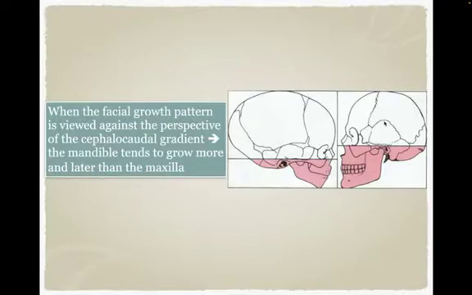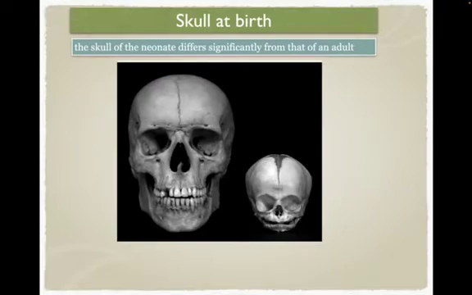And if we look closer at the maxilla and mandible, we know that the mandible, as we go in life, will grow more than the maxilla. That's what we call the cephalocaudal pattern of growth. So during development and growth, we can expect that the mandible will grow more than the maxilla, which will grow more than the cranial vault or the cranial base.